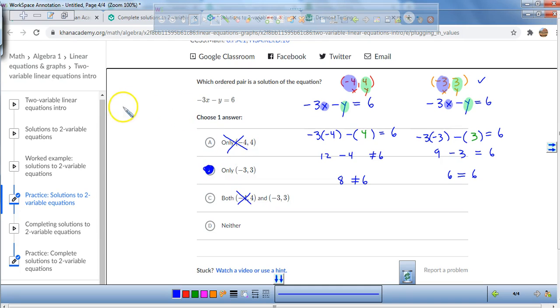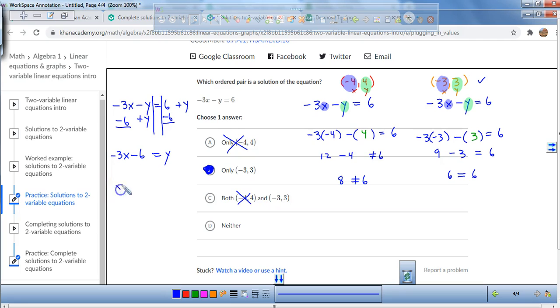Now, because it's important that you guys know how to solve for y, let's just solve for y. It's really easy. I'm just going to add a y to this side, and add a y to this side, and then I'll take away a 6 from this side and a 6 from this side. Now these aren't like terms, so we're left with negative 3x minus 6 equals y.